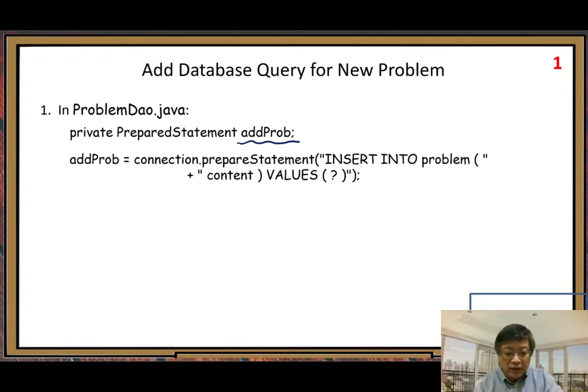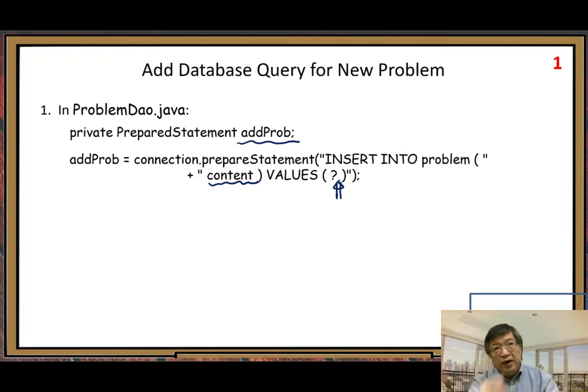In the constructor, we put an insert statement, insert into problem. Then the content of the problem, the data part, question mark. At runtime, we will put the data in this question mark, then do the query.